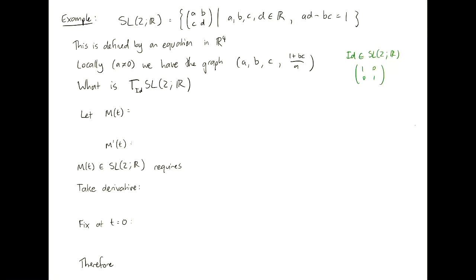So M of t is A of t, B of t, C of t, D of t. And I'm going to let t trace out paths in this group to figure out what's happening and, importantly, what their derivatives are. And I want to pick my parameterization. So I got another neat question, which is, why do we only care about 0?